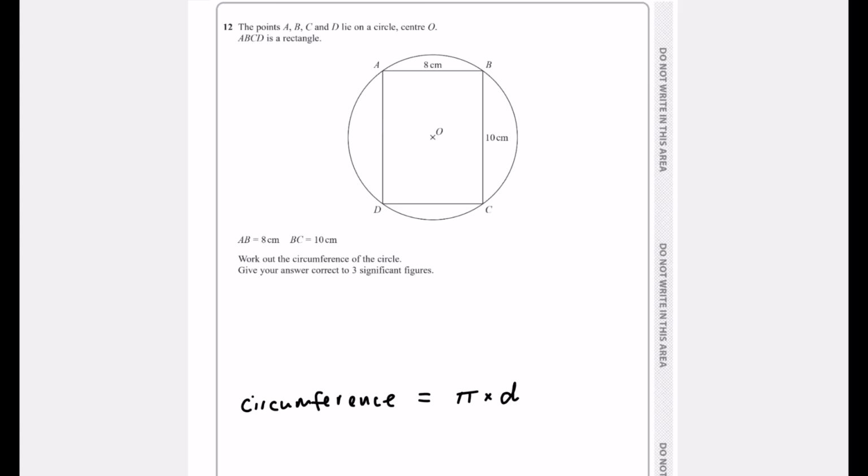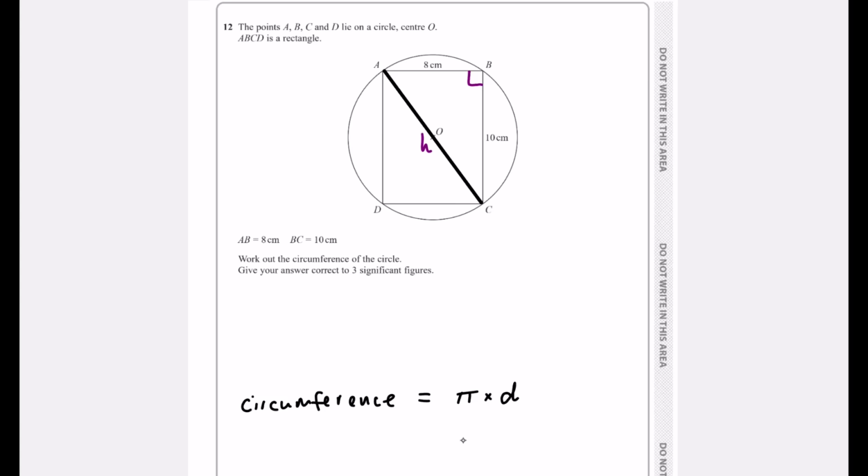But we don't know the diameter yet, but we do have this rectangle in a circle, and if we split it in half, we will get a right angle triangle, and the hypotenuse will be the diameter. So if we work out the hypotenuse, that is the diameter, and then we can use it to work out the circumference.